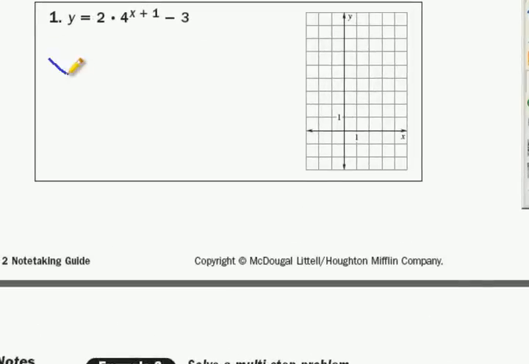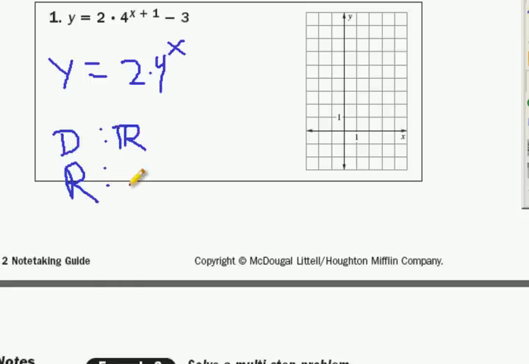Maybe you said the original function here is y equals 2 times 4 to the x, and you graphed that and you shifted it, and you ended up with a domain of all real numbers and a range where y was greater than -3 because you shifted down 3 spots from where it was. And you went through all the same steps we did in example 1.